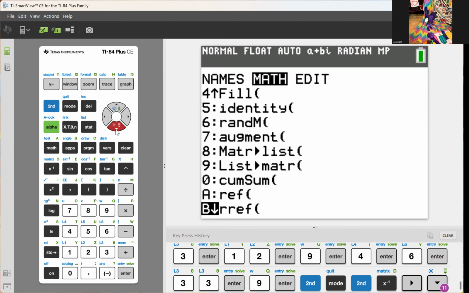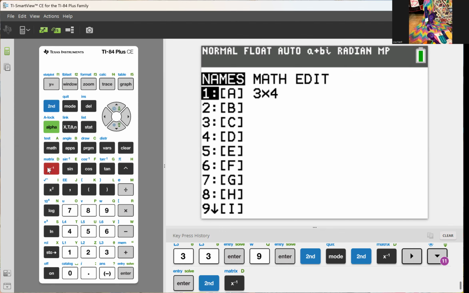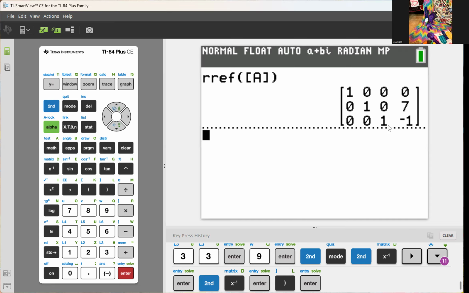So I'm going to hit enter. And then I have to tell my calculator what matrix I am doing row operations on. It's matrix A. So I have to go back to my matrix menu one more time and tell it A. So I just hit enter, close my parentheses. That's a really good habit to be in, and then hit enter.